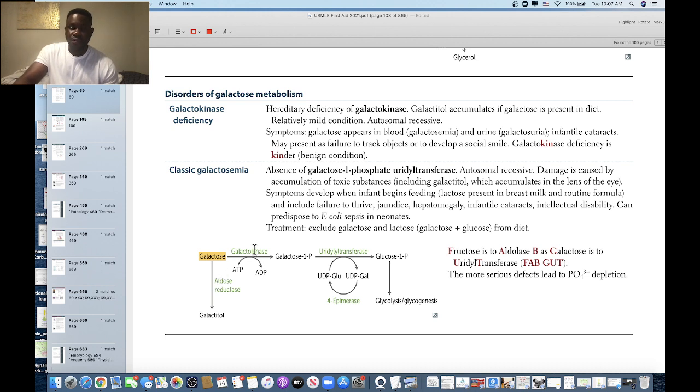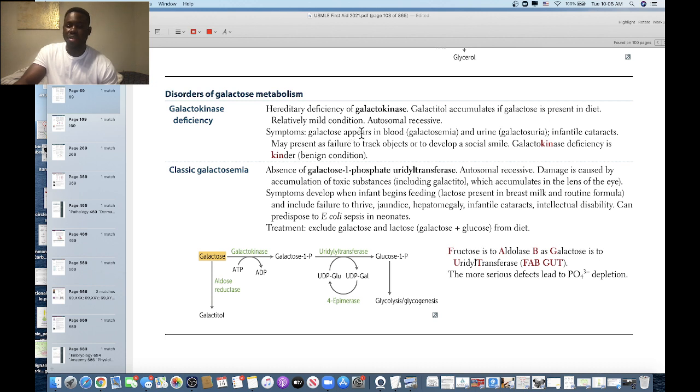So if we are deficient of galactokinase, what will happen? This reaction will move in this direction and we'll have a lot of galactitol in the body, right? That is the result of galactokinase deficiency. So we have increased galactitol caused by aldose reductase, and galactitol accumulates if galactose is present in the diet.